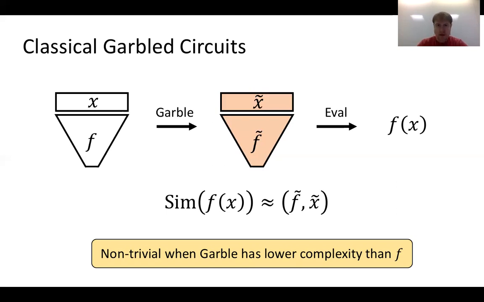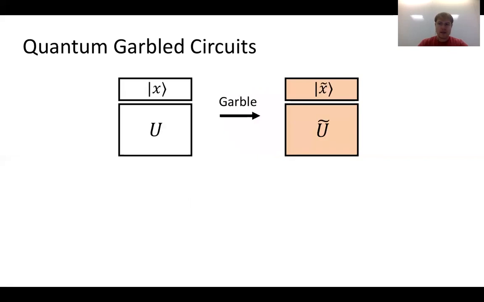Right. So this is a classical garbled circuit. You could ask for the same thing in the quantum setting, right? And there are probably many ways to formalize what sort of properties you'd want out of a quantum garbled circuit. I will discuss one particular set of properties. So here, let's say you have a classical description of a unitary U, but in general maybe a more general quantum operation as well, and you have a quantum input x, right?